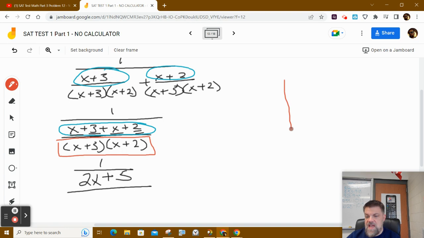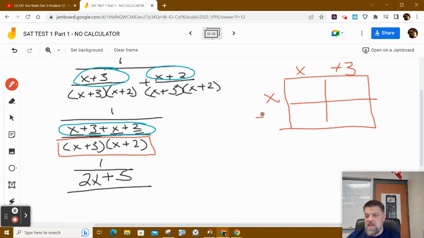So over to the side, I'm going to draw my little grid, and I'm going to figure out what x plus 3 times the quantity x plus 2 actually equals. I'll do the first one. What's x times x? X squared. Okay, you tell me this one. What's 3 times x? Positive 3x. What's 2 times x?